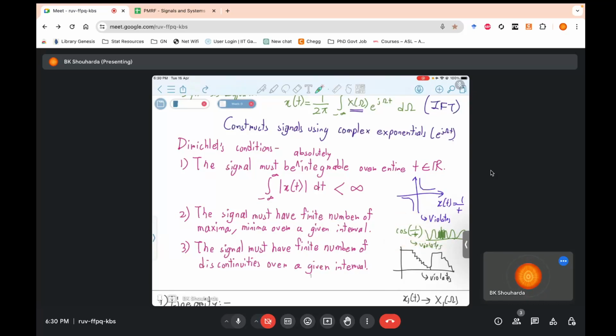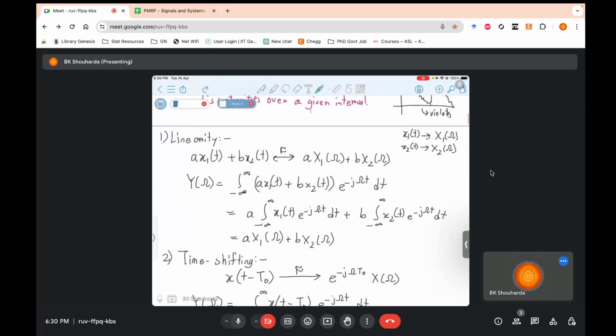Then you have the last one, which is that the signal must have a finite number of discontinuities over a given interval. You see this one has an infinite number of discontinuities in this small interval, so you cannot build a Fourier transform for this.